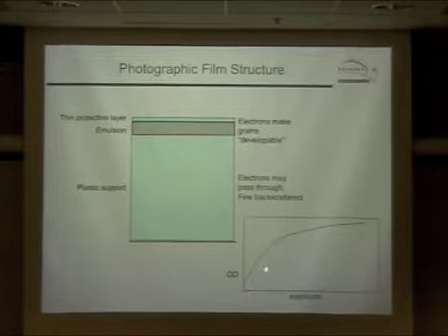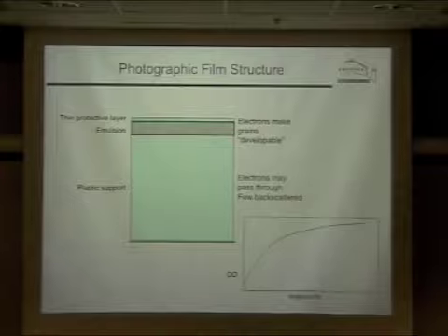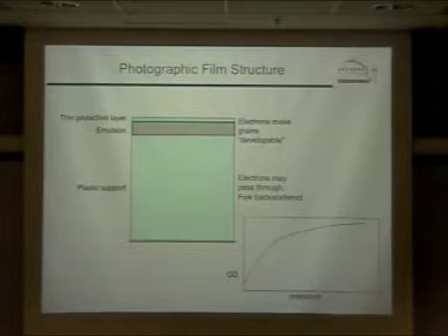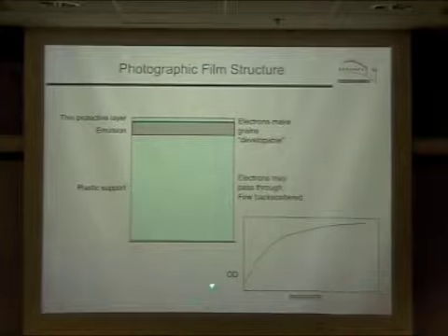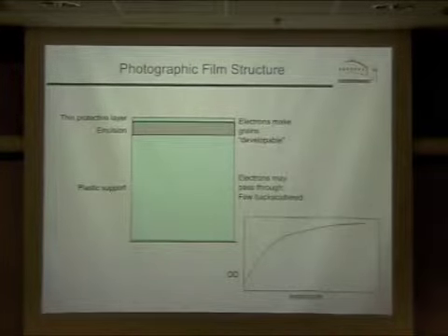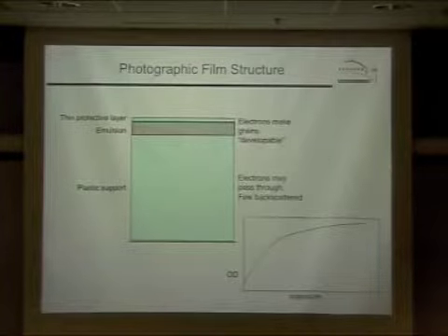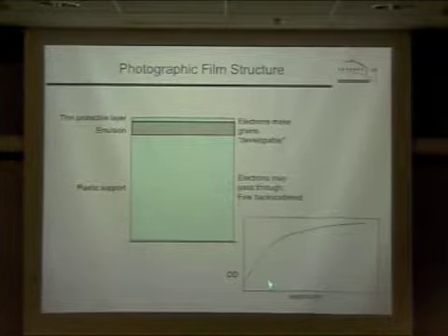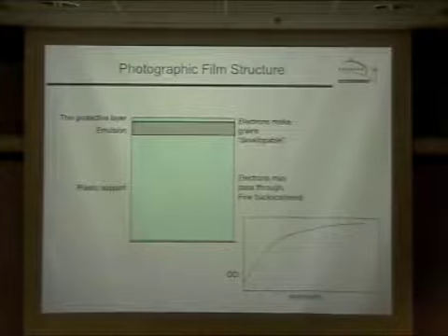And how much silver there is determines how good an approximation this is to linear at the low density range. But still, if you're doing something like electron diffraction, where the range of exposures covers a wide range here, the response is going to be very nonlinear. If you're recording images of a cryo sample where the range of exposure is very narrow, then it's probably a pretty good approximation to a linear detector.